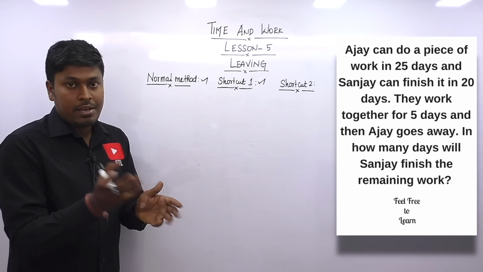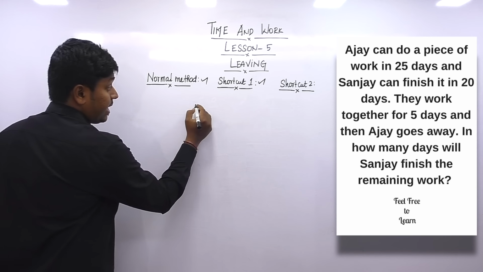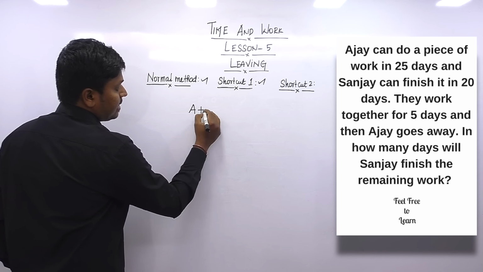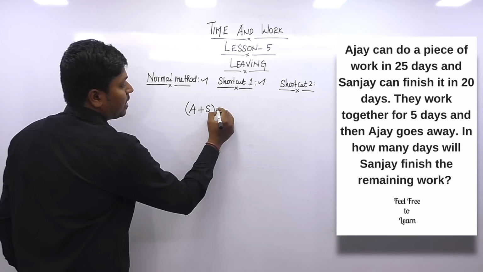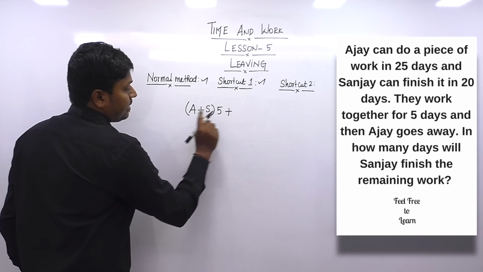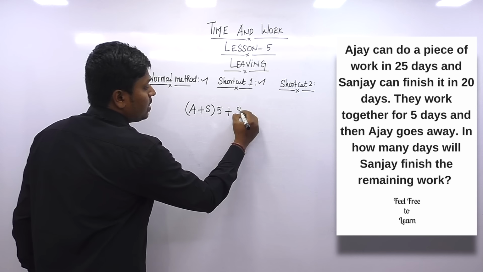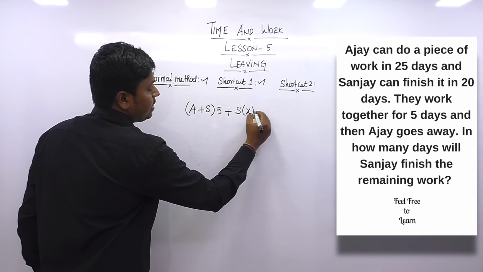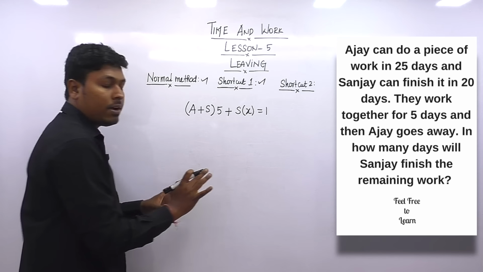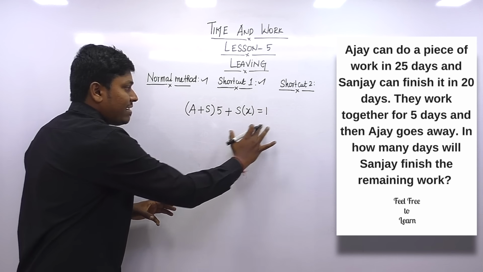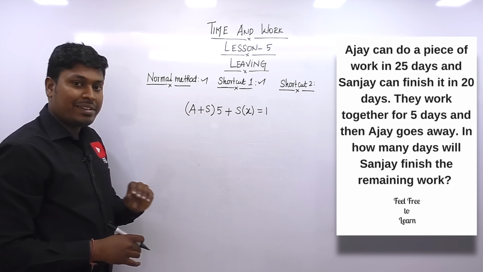Ajay and Sanjay, both of them, for 5 days. Listen carefully. And then Ajay left, and the remaining job was done by Sanjay alone, and we don't know how many days he worked. Friends, simple concept. If you write this equation, you can solve the question easily.